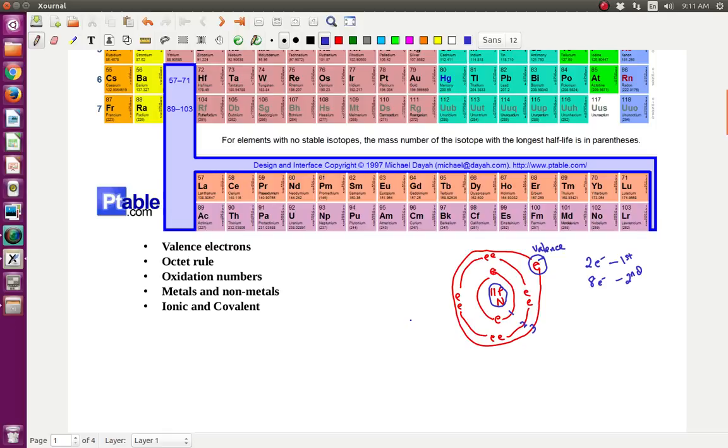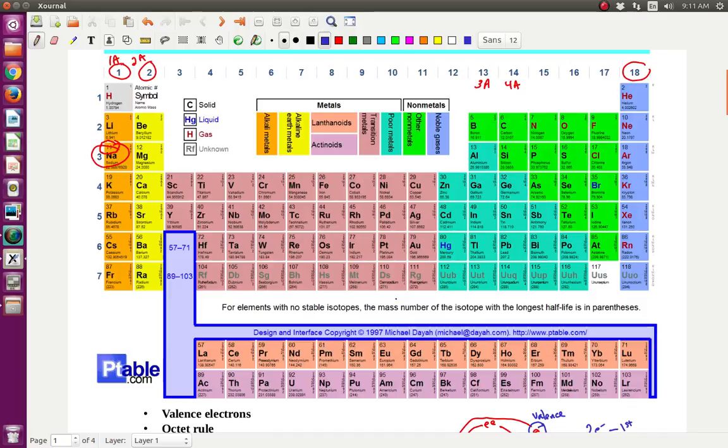If we look on the periodic table, you can see that the principal energy levels are over here, 1, 2, and 3. And so sodium's highest principal energy level is a 3. Potassium's highest principal energy level is a 4. Okay, so that was sodium.